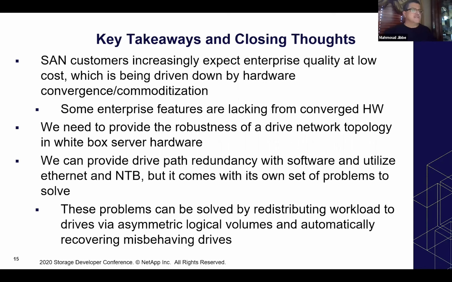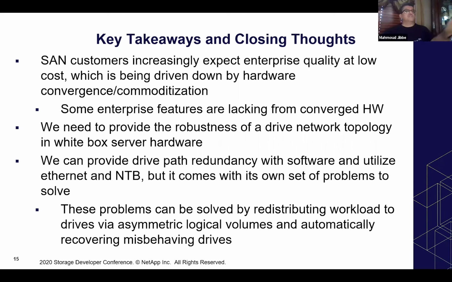Okay, so this method that Joey described in detail did show you that the drive path redundancy was preserved, and it was preserved by software, by establishing the redundancy through the NTB network or Ethernet.